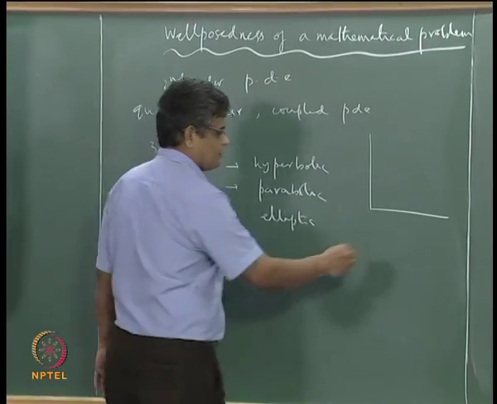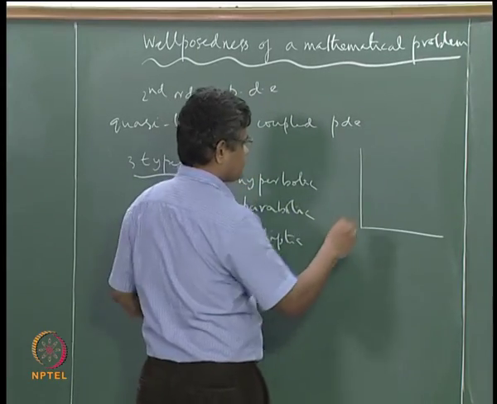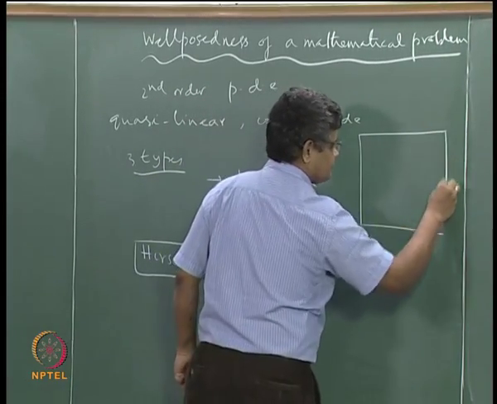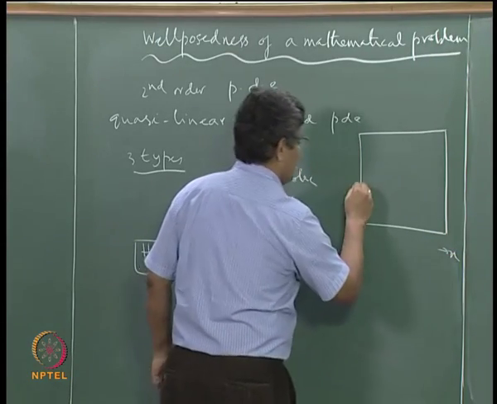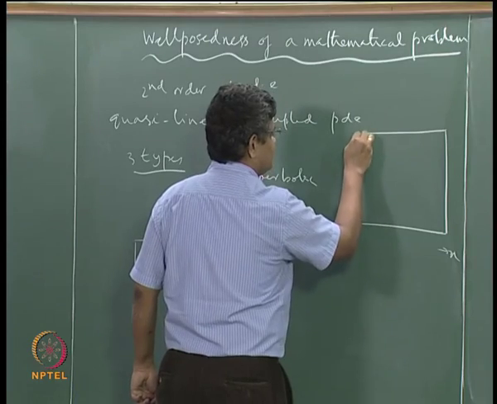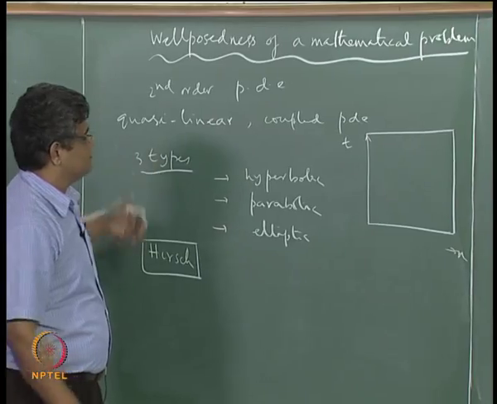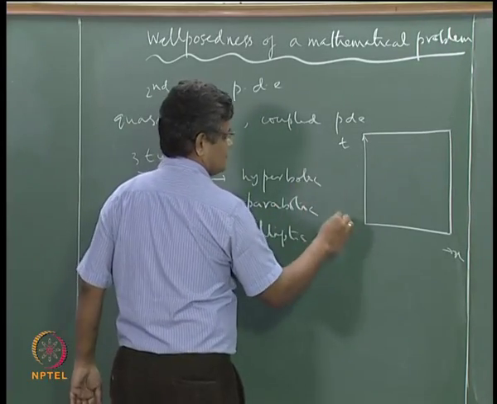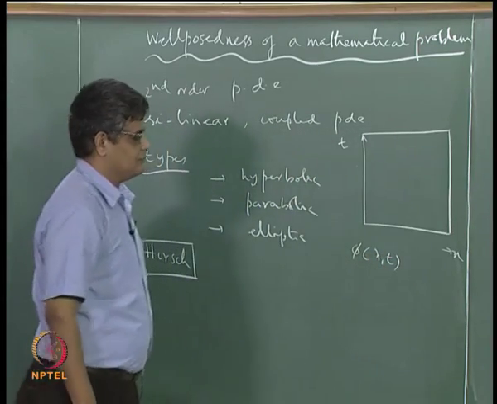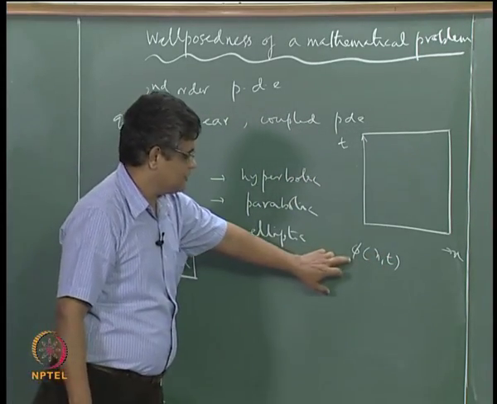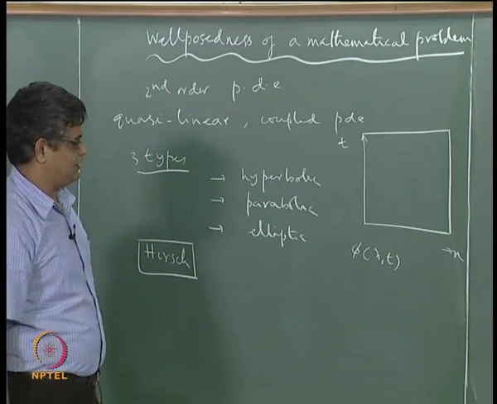Okay, so this is the boundary and let us say that this is the x and this is the time. We are looking at variation of a particular variable phi as a function of x and t, and this is given by a standard second order partial differential equation.